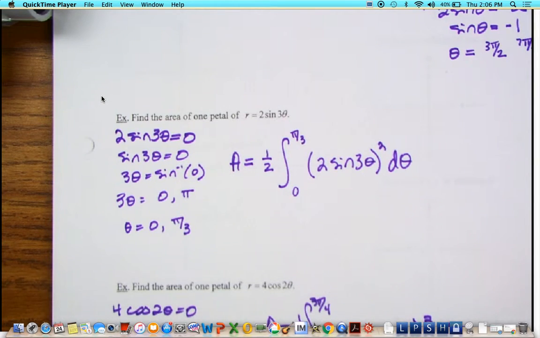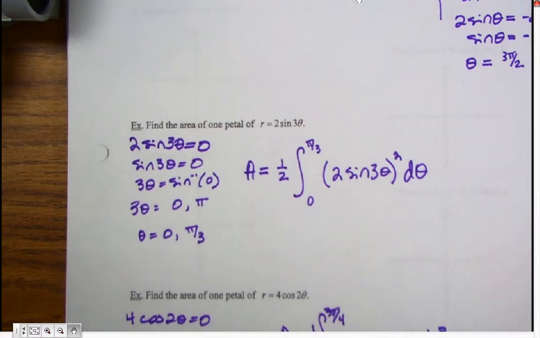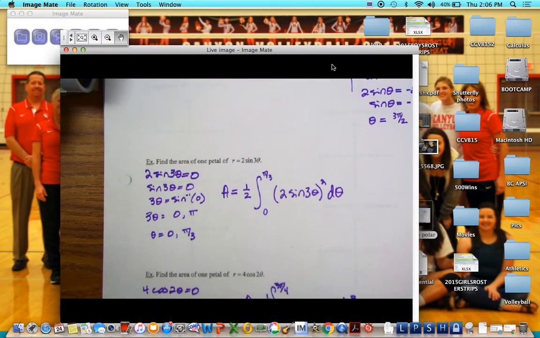We'll have a lot to talk about on Monday, and that's okay. But if you'll do those for homework, that would be great. If you would plug it in your calculator and get an actual value.